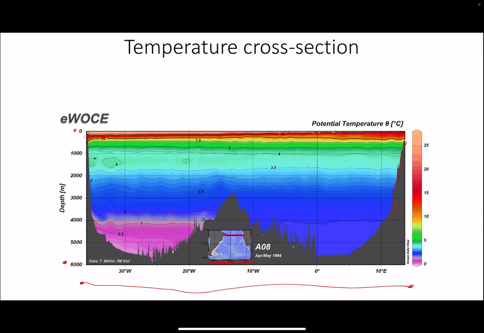And now this is temperature with our color bar here. Our surface temperatures are quite warm, as you might expect, because this is a tropical region, maybe a little bit subtropical, but pretty close to the equator here.